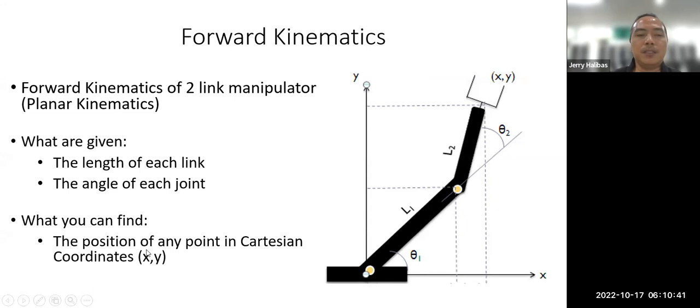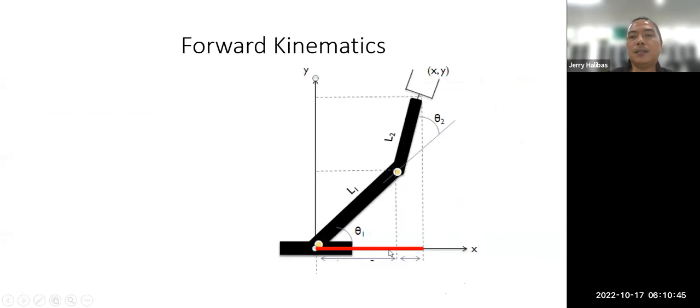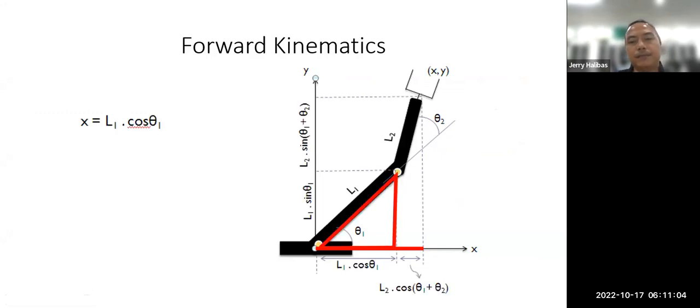Then what you can find is the position X and Y. So what you solve is the position of the TCP point, the tool center point of the end effector, assuming. First we solve for X. We can break X into X prime and X double prime.